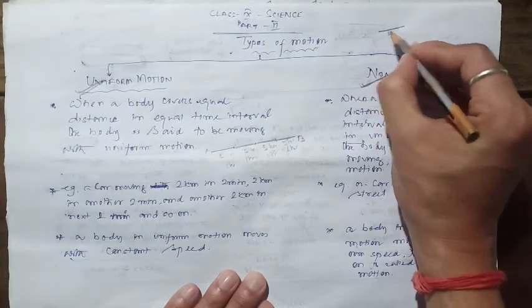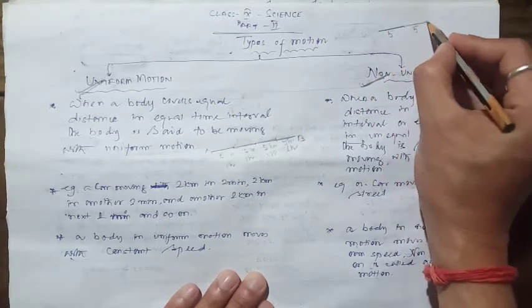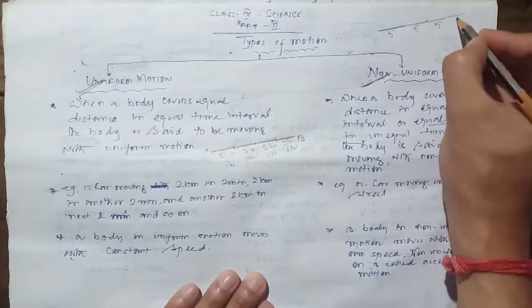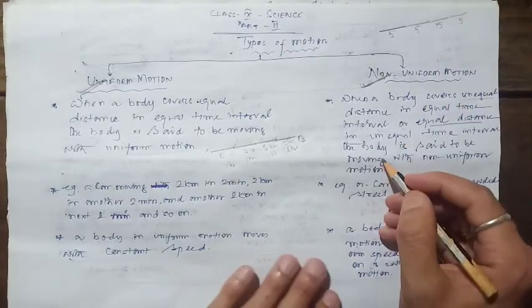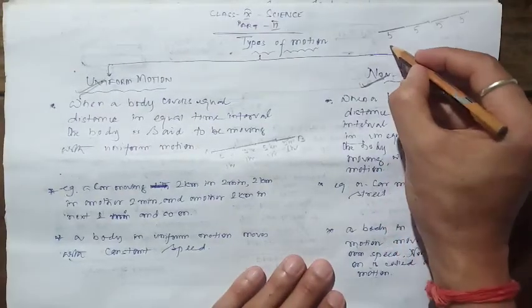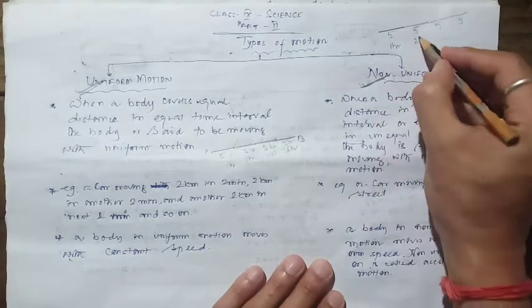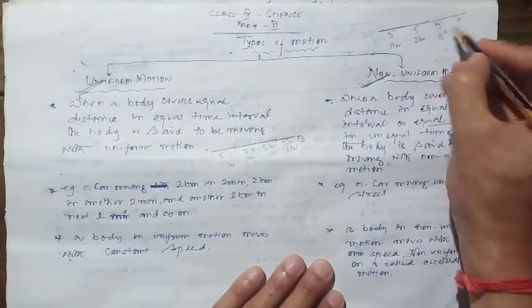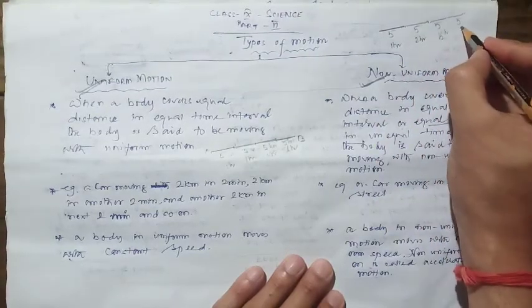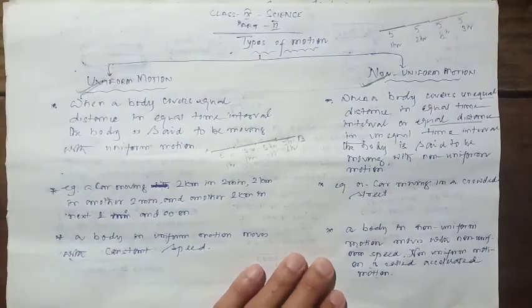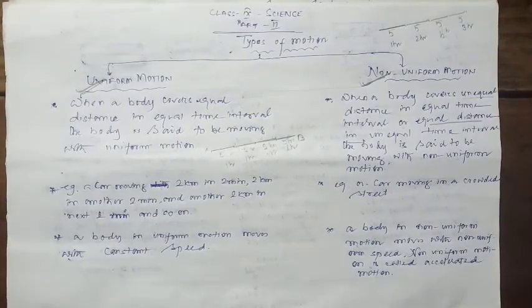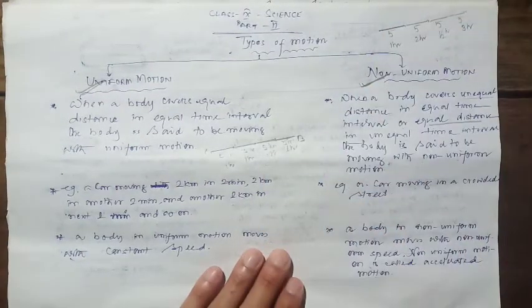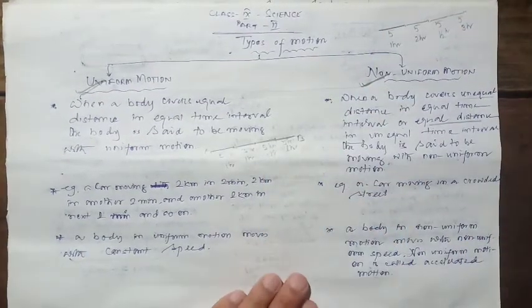Suppose the body covers 5 km, 5 km, 5 km, 5 km. Now the body is covering the same distance. But let's say this is covered in 1 hour, this in 2 hours, this in half an hour, and this in, suppose, 3 hours. The body is covering equal distance, but in unequal time. So the body is moving non-uniformly. The body is in non-uniform motion.